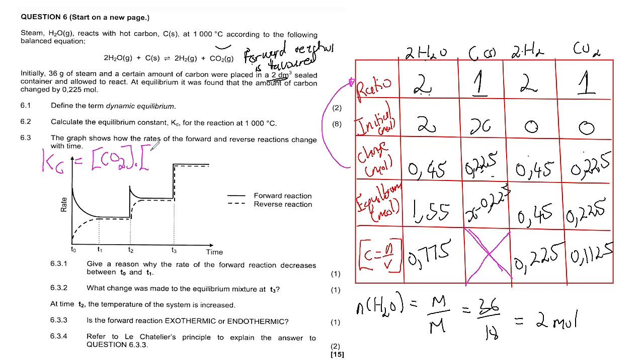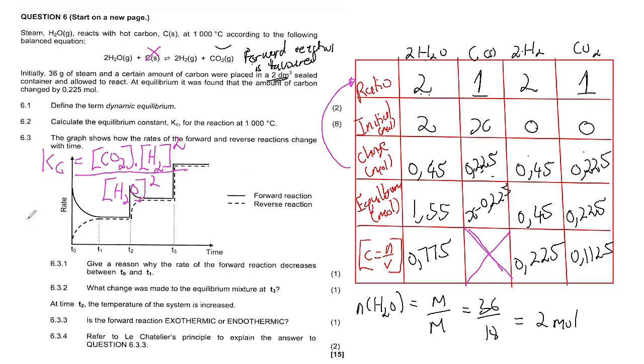And then we have multiplied by the concentration of hydrogen gas, which has a ratio of 2, which becomes an exponent like that, over the concentration of the reactants. The only reactant that we are going to put in there is H2O, because the other reactant here is a solid and does not make it into the Kc expression. Then this is H2O, and here we have a square because of the ratio here.